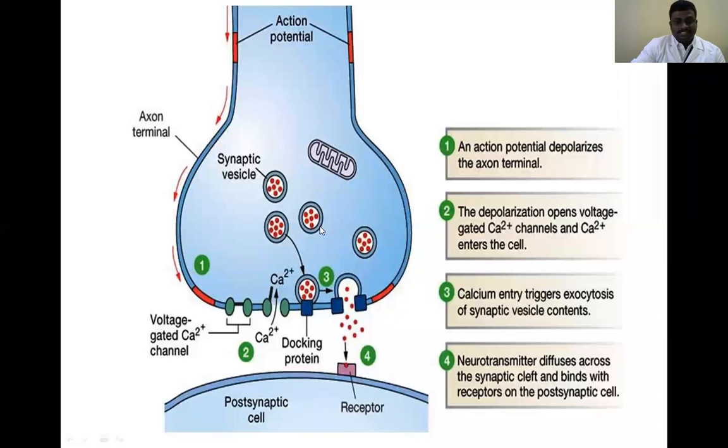Before the synaptic vesicles reach from one neuron to another, they have to come to the synaptic cleft. This transport of synaptic vesicles to the synaptic cleft mainly depends on the calcium ion concentration in the extracellular fluid. When extracellular calcium is available, the gated channels open and calcium enters into the neuron.